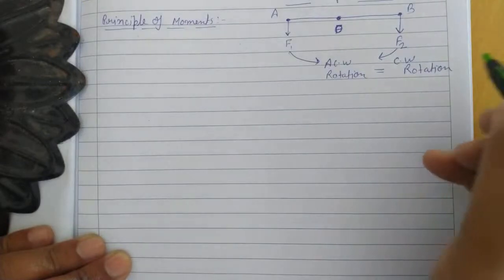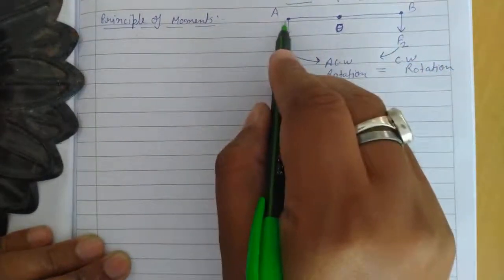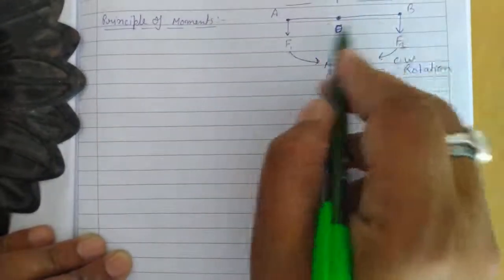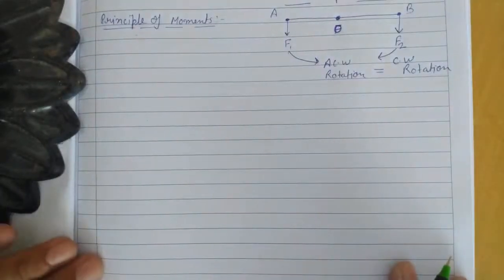That means the body or rod AB is in rotational equilibrium.